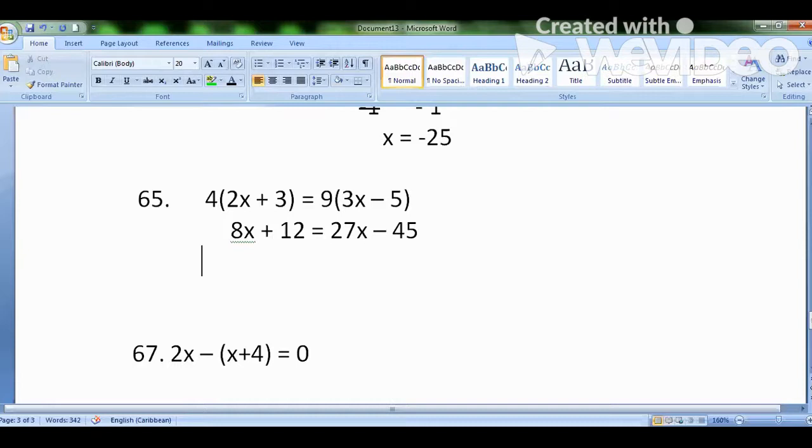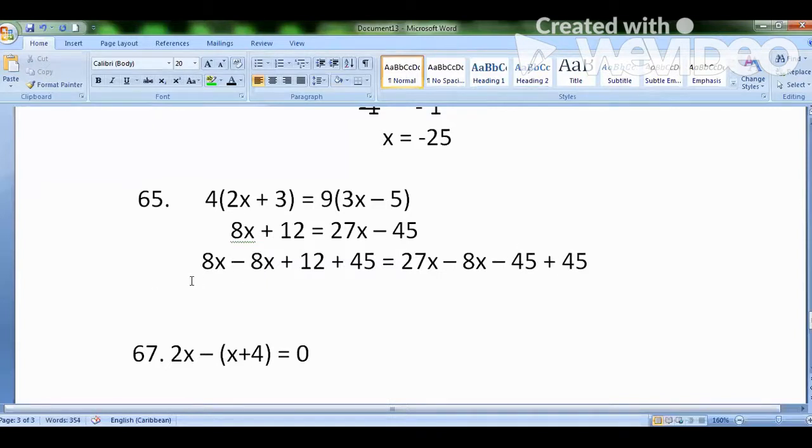So I have 8x minus 8x, then plus 12 plus 45, equal 27x minus 8x, and then minus 45 plus 45.